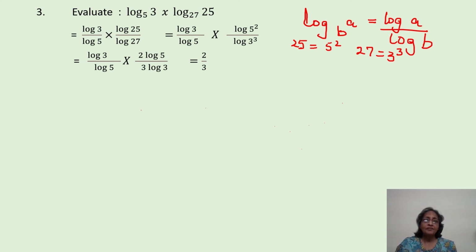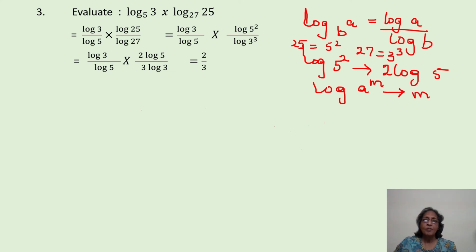The next law that we have used in the next step is log of 5 raised to 2 can be written as 2 log 5. The law that we have used here is log of a raised to m is nothing but m log a. Same thing happens with log 3 raised to 3.